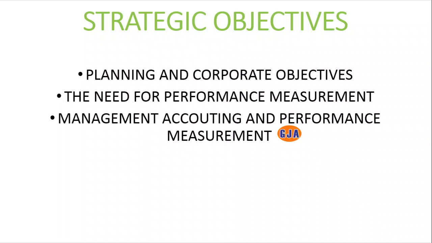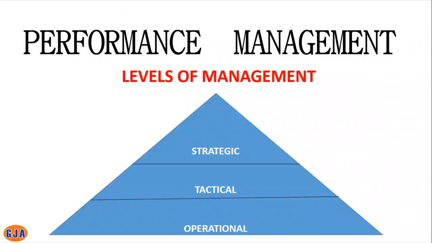Then what is strategic objectives? Then we will break it down, looking at planning and corporate objectives, who should be responsible for corporate objectives precisely, and planning, the need for performance measurement, and management accounting, its usefulness and performance measurement.